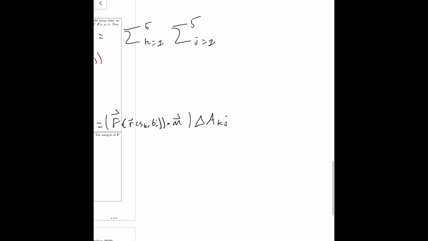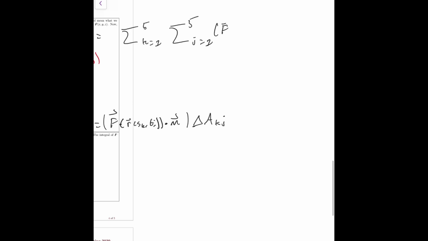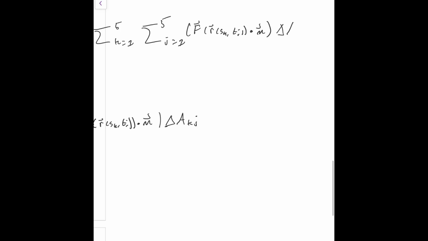Okay, so this then is equal to the sum k equals 1 to 5, j equals 1 to 5, of f evaluated at r of s_k t_j, dotted with the normal vector at that point, times delta A_kj.